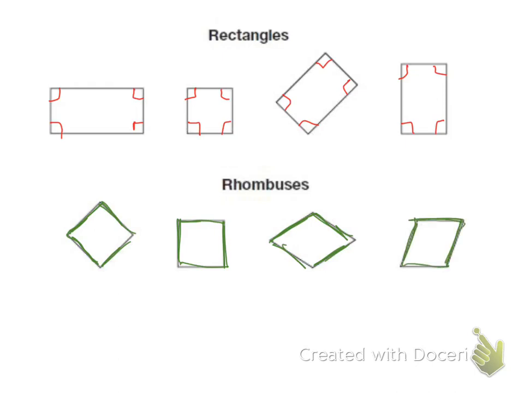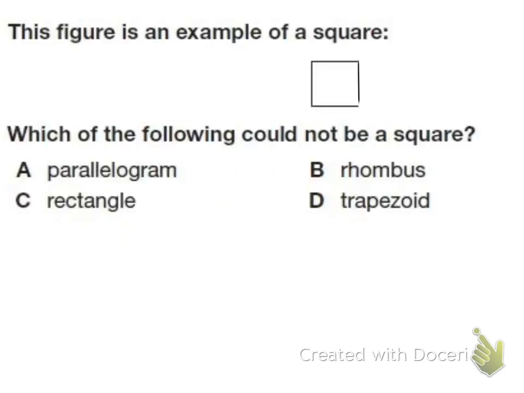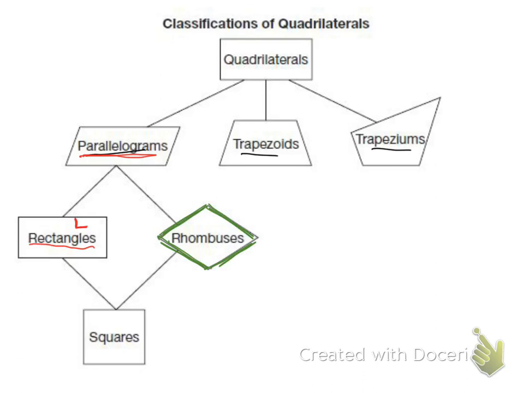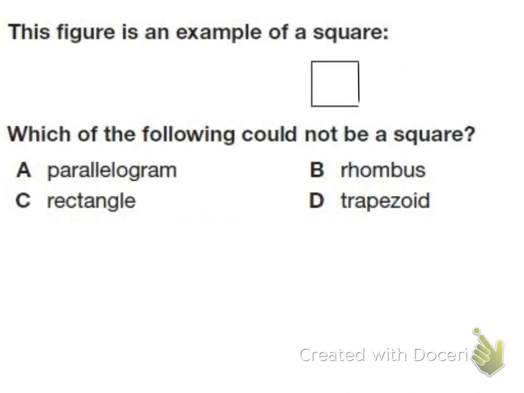Now, the last one is a square. Squares are both rectangles and rhombuses, because squares have to have equal sides and they have to have 90-degree angles. So a square is a special type of rectangle and rhombus.